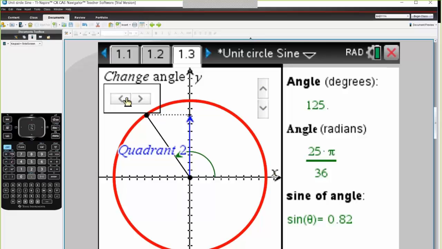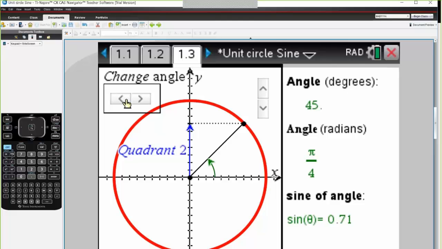As well as that, you can then get them to go back into quadrant 1 and notice that we can get the same angle there that has the same sine of the angle. So that's when you can start looking at, well, we've got quadrant 1. In quadrant 2, we can use 180 or pi minus the known angle and investigate further that way.